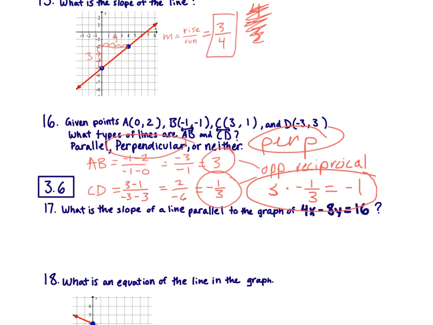What is the slope of a line parallel to the graph of 4x minus 8y is equal to 16? Gabby, what do we do first? For 17. Oh, so I did 4x minus 8y equals 16, and I subtracted the 4x.